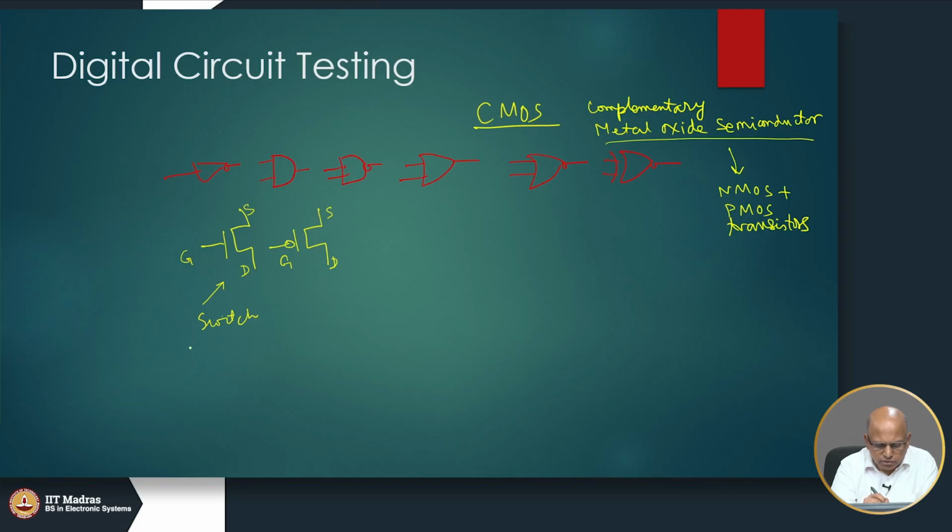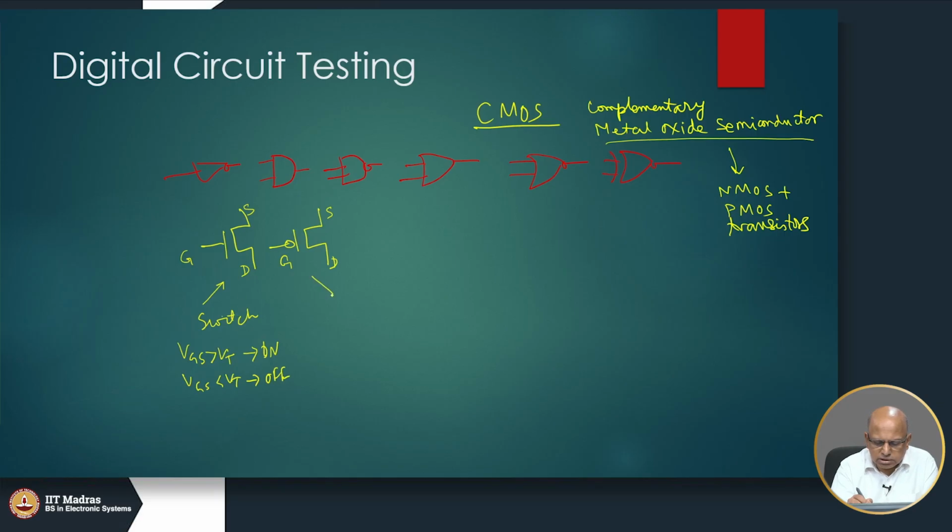When the gate to source voltage is more than what is called a threshold voltage, the transistor turns on. That means it acts like a switch which is turned on. When VGS is less than VT, it turns off. So, it is a switch which can be turned on or off.